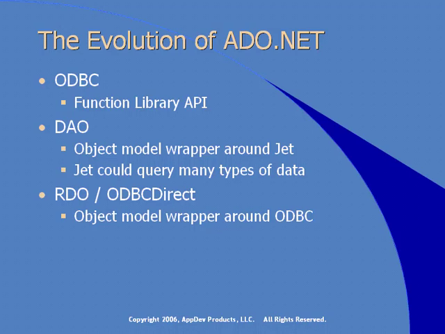You could have what was called a DSN, or you could even use a connect string to specify the driver and the name of the server and so on. And I mention this because a lot of these concepts have survived to this day, and you'll still see them being used even in ADO.NET.